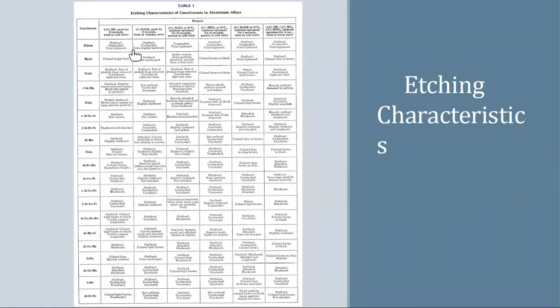So typically, hydrofluoric is used in a lot of the etchants. I normally use anywhere between 0.5 to 1 weight percent aqueous solution of hydrofluoric. So in this case here, if you're dealing with silicon constituents, those are outlined, they're not going to be attacked, and the color is light.